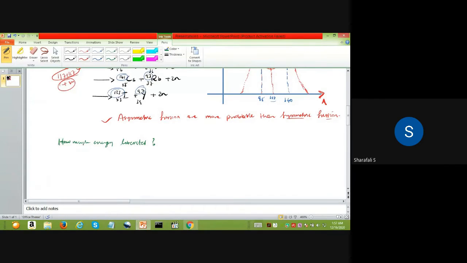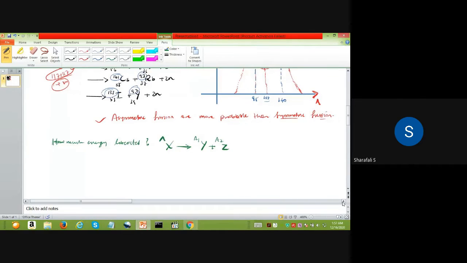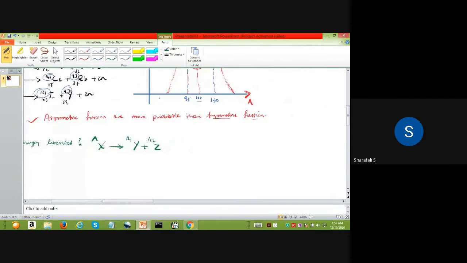So if you consider any nuclear fission process, let's say that X nucleus is going to Y and Z. So this is having mass number A, this is having mass number A1, this is having mass number A2. Okay, so the binding energy of A, if you consider that binding energy per nucleon curve that we already discussed, I will just discuss that now.